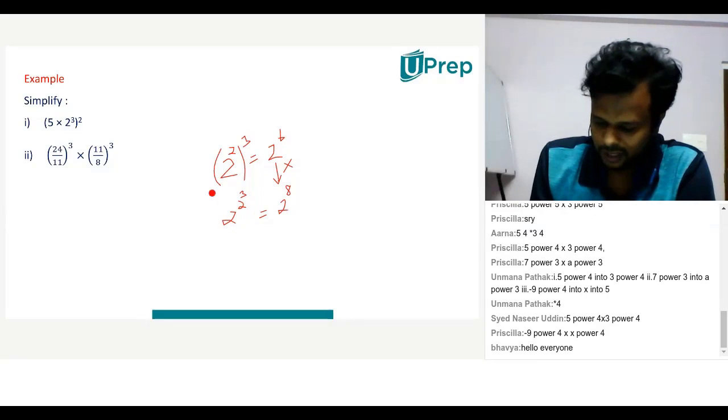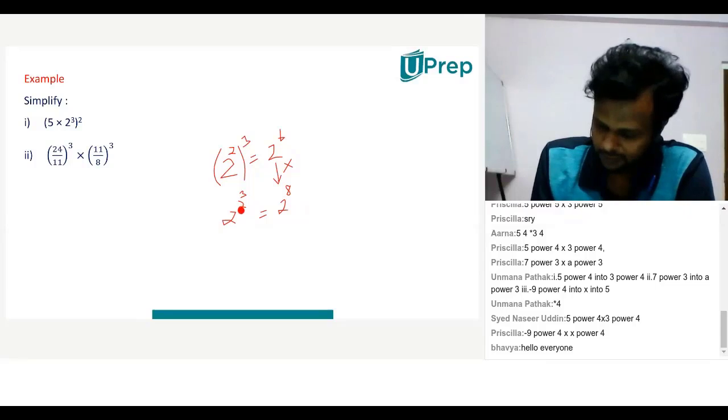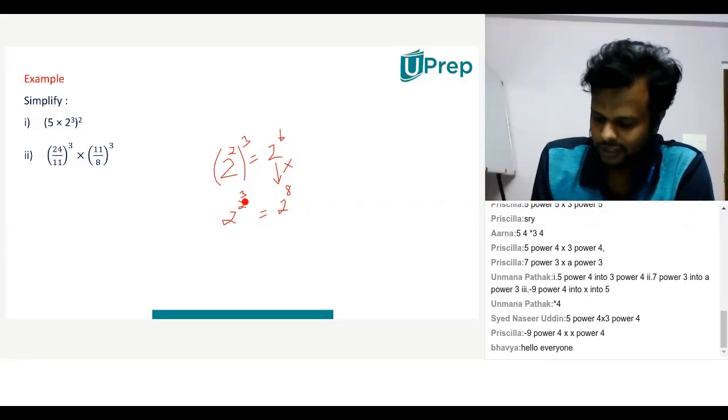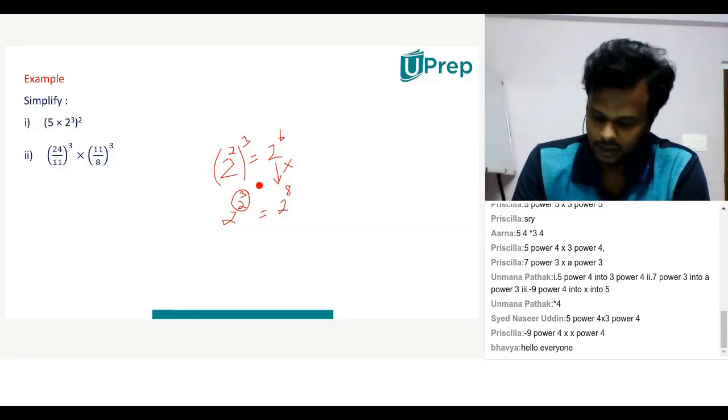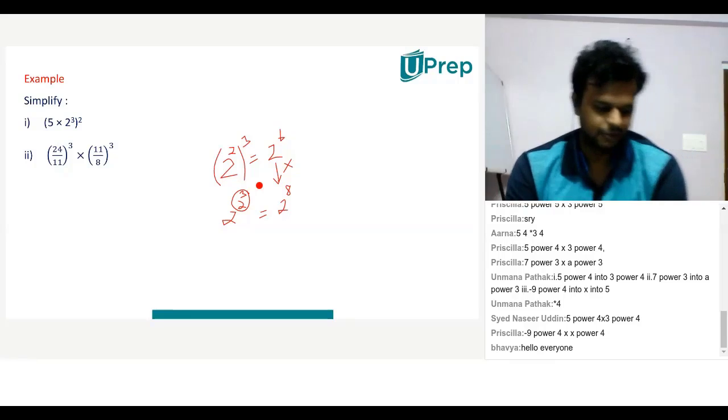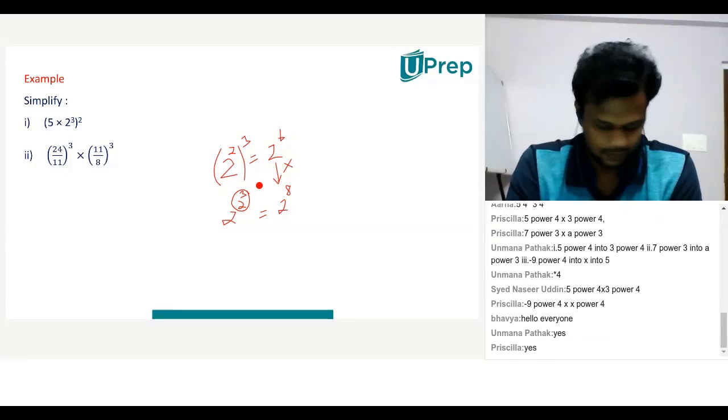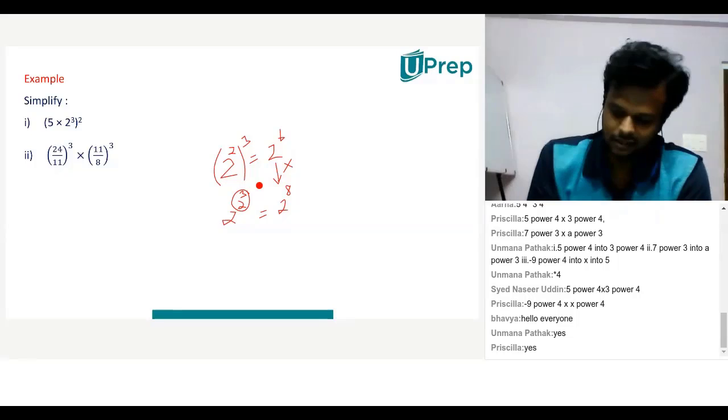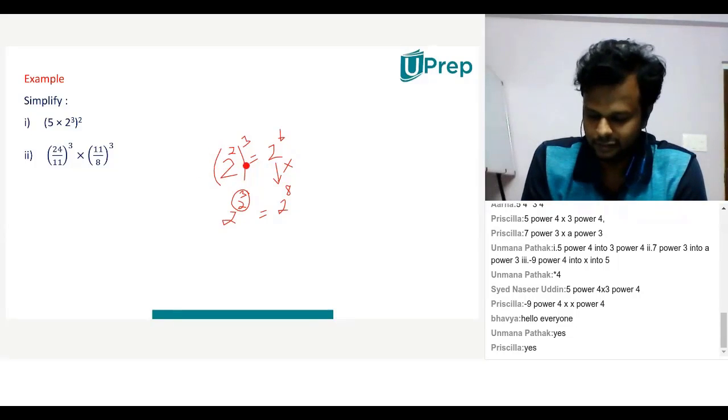But if you are not having a bracket, you will write it as it is. So here the power is being cubed, so 2 power 3 will become 2 power 8, since 2 cube is 8. Please type a yes in the chat box if you have understood the point that I am trying to make. Great. So the brackets are very important here. If there are no brackets, then it means 2 to the power 3 here, which is 8. So this becomes 2 power 8.